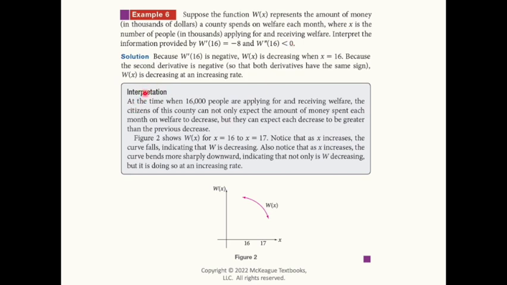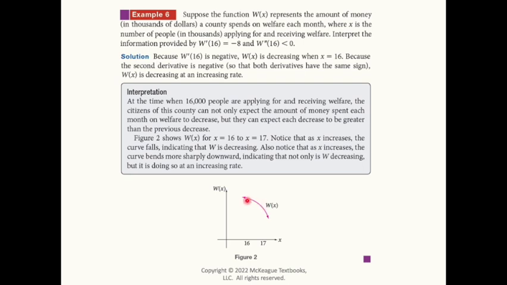So the way that we would interpret this is that at the time when 16,000 people are applying and receiving welfare, the citizens of this county cannot only expect the amount of money each month on welfare to decrease, but each month the decrease will be greater than the previous one. It's decreasing at a faster rate.